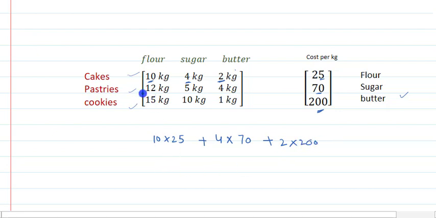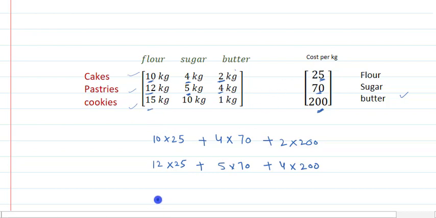Now similarly for pastries, let us multiply this 12 kg of flour with cost per kg of flour, means 12 into 25, plus 5 kg of sugar with per kg cost of sugar, that is 5 into 70, plus multiplying 4 kg butter with per kg cost of butter, that is 4 into 200.